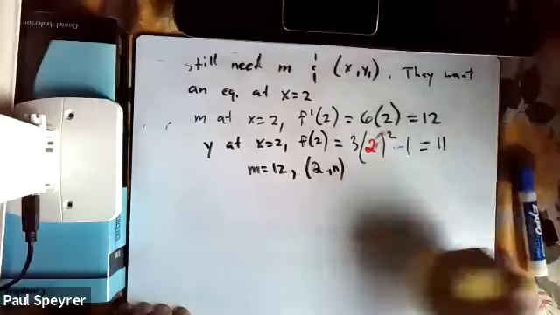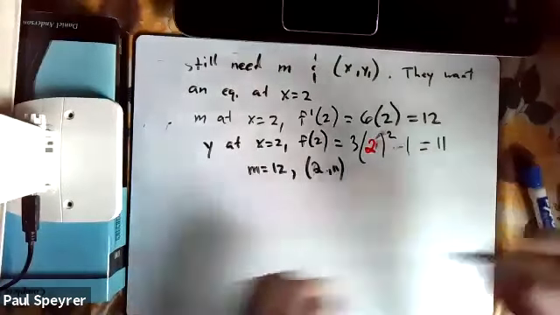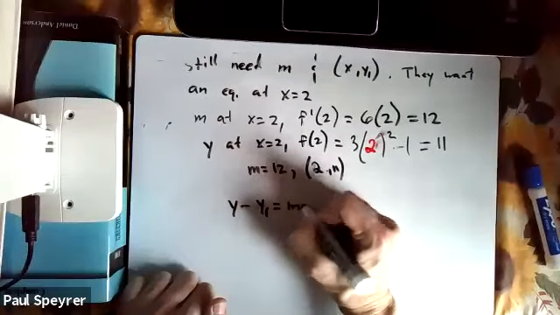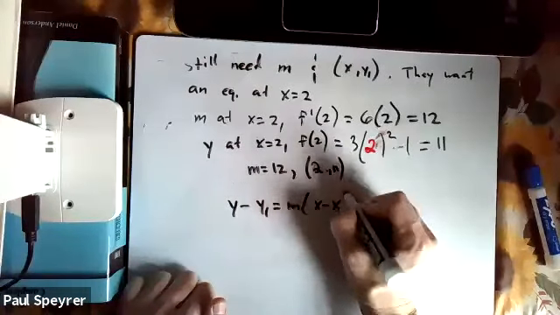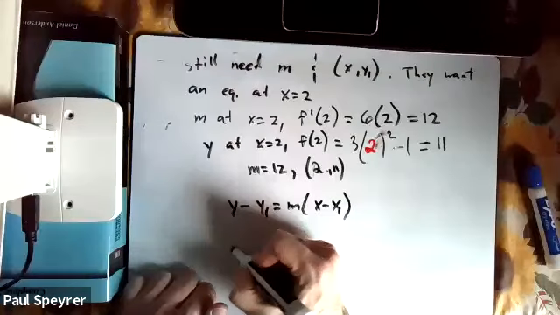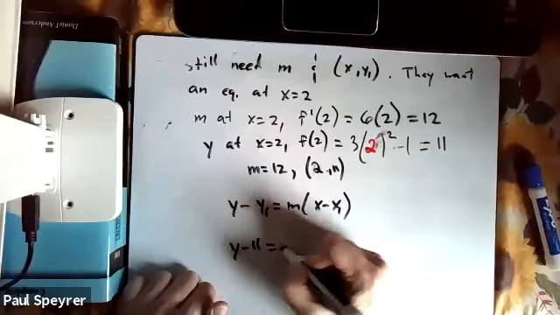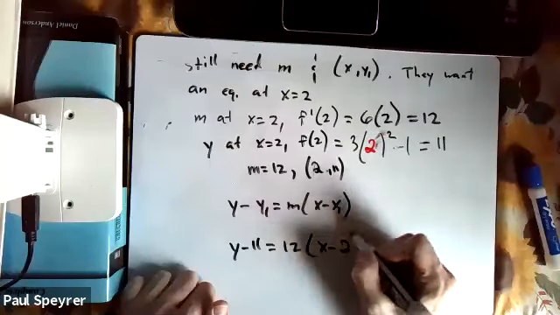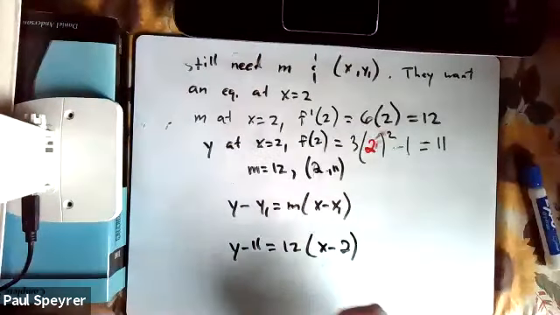And now where do we go from here? Because we're looking for that equation, right? Point slope formula. y minus y1 equals m times x minus x1. Let's plug all this stuff in, right? We have y minus 11 equals 12, and then x minus x1, or x minus 2. And then we simplify.